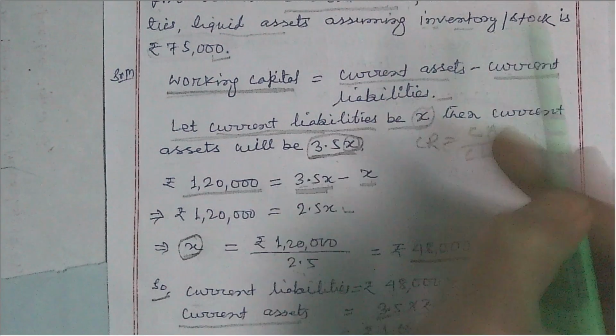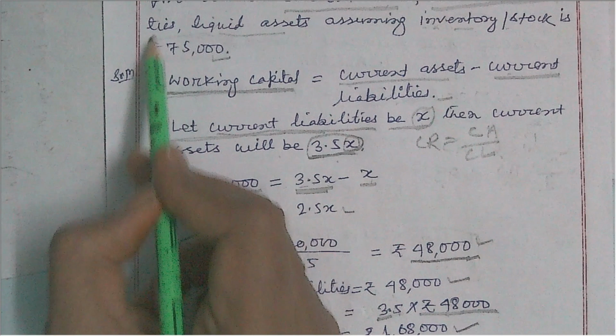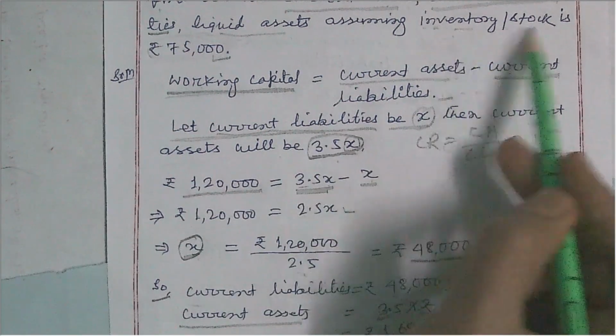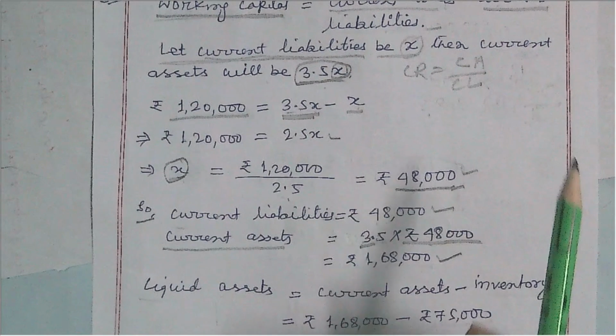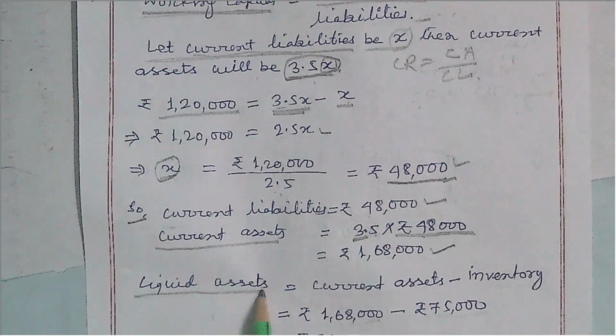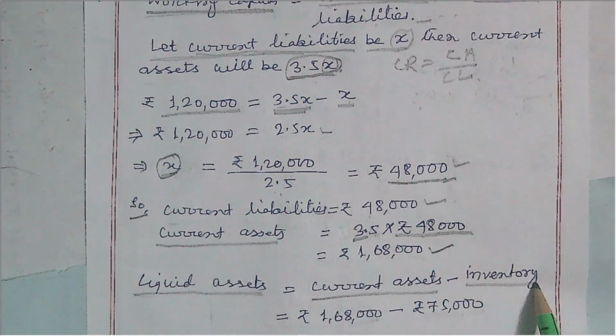So we got the value of current assets and of current liabilities. Now liquid assets, assuming inventory or stock is rupees 75,000. We can calculate liquid assets easily by using this formula: current assets minus inventory.